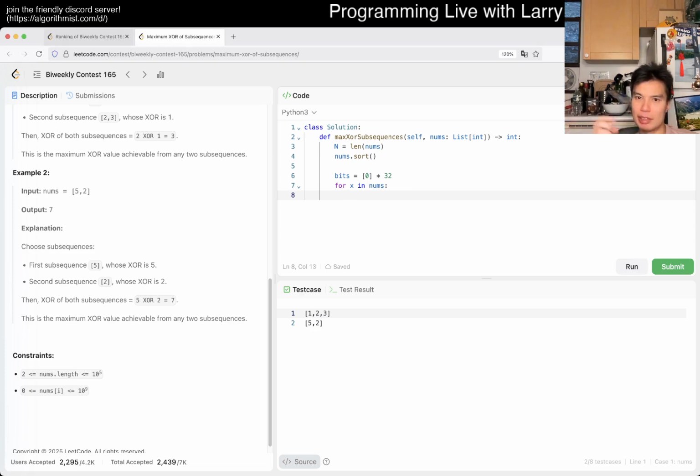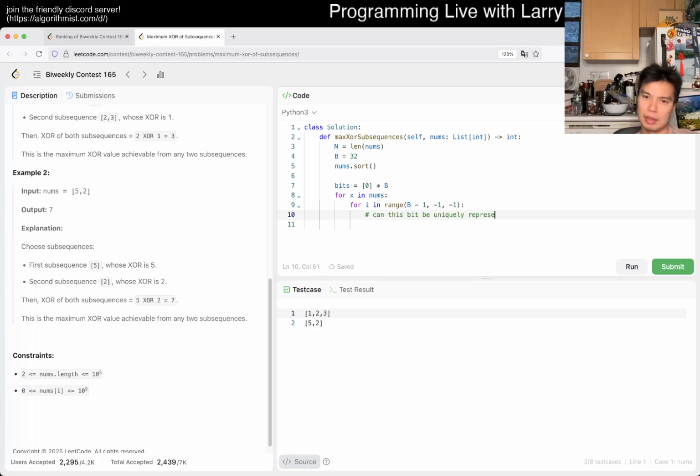And then it's just whether this bit is... I'm trying to figure this out from first principles.